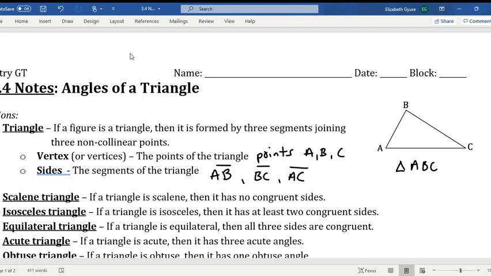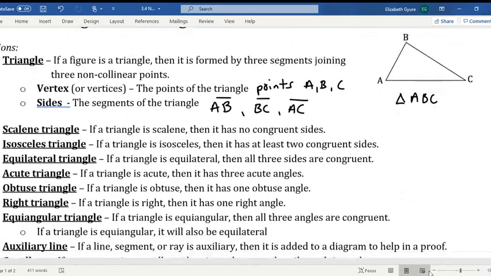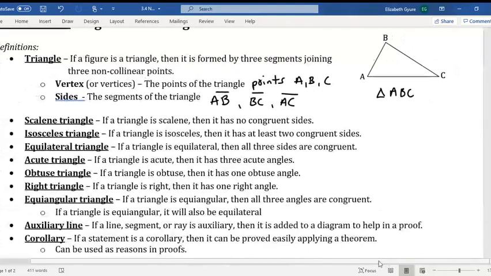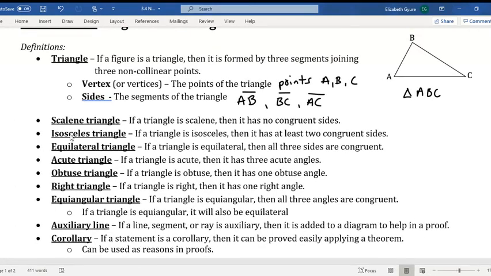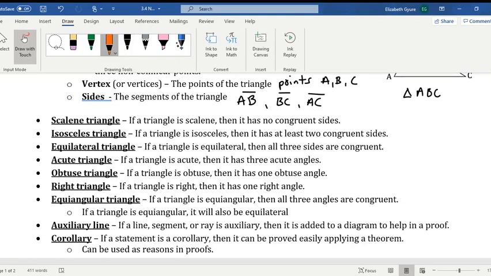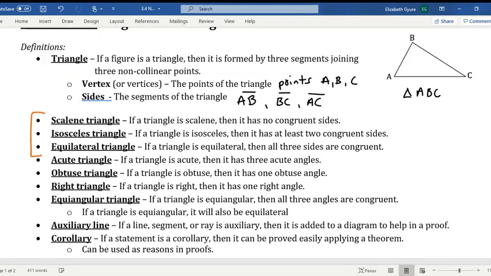We can classify triangles according to either their sides or their angles. So that's actually what a big chunk of our vocab here is. Scalene, isosceles, and equilateral. These are all ways to classify our triangles by their sides.